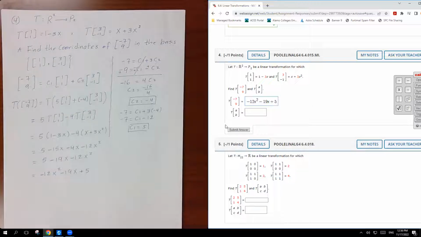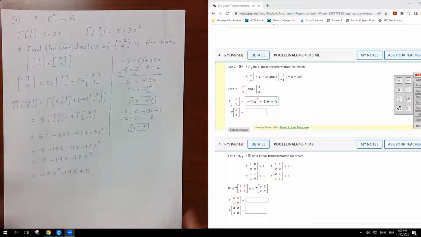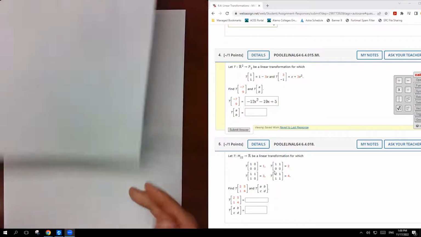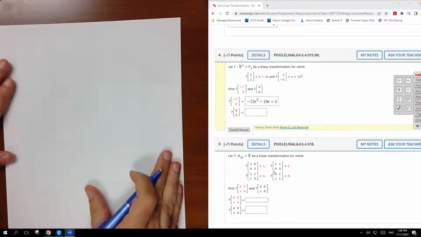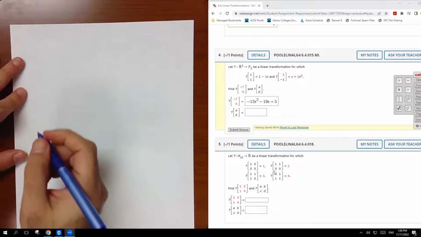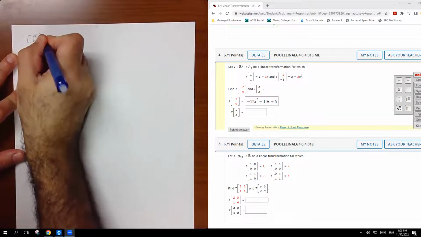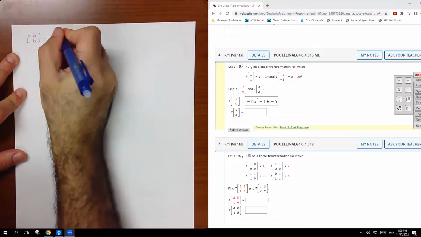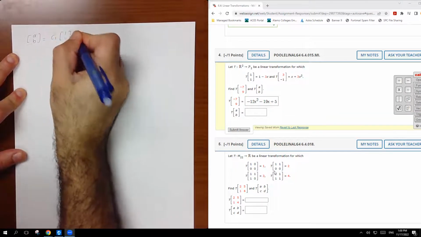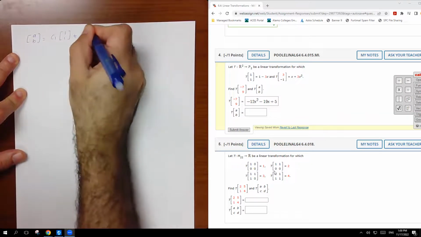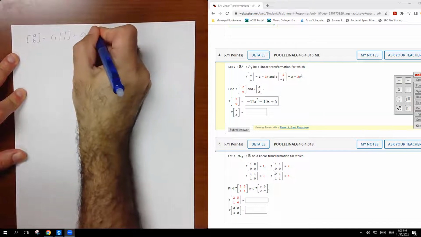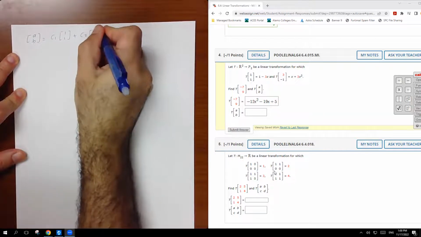This is the first part. We didn't finish. We have to check the second part, finding the transformation of A, B. For the second part, the first thing we need is to find the coordinates. So A, B equals C1 with 1, 1 plus C2 with 3, negative 1.